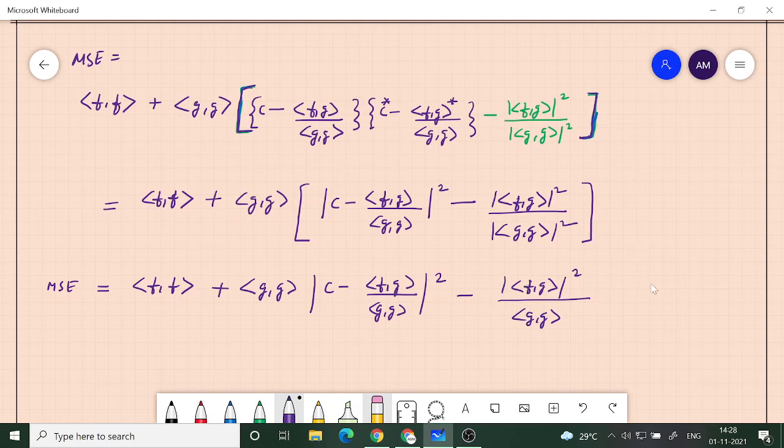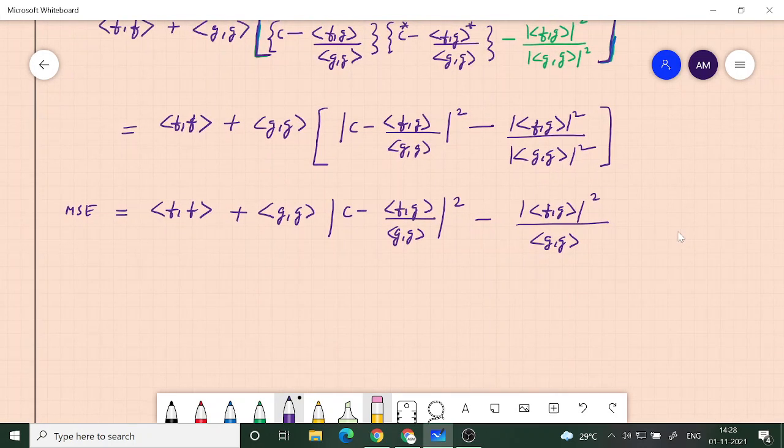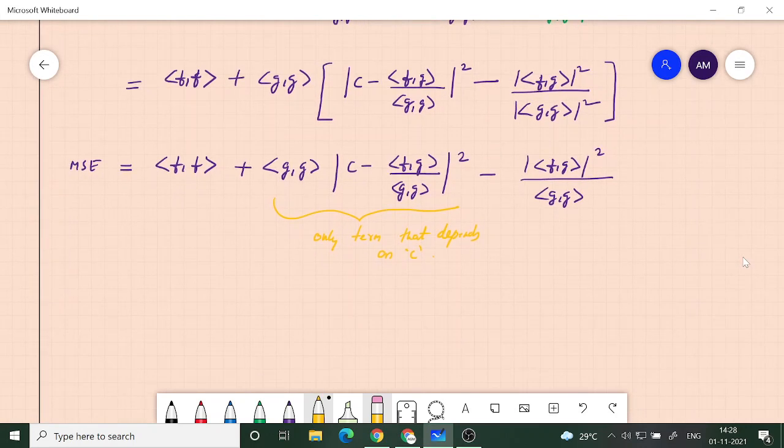I have three terms in the mean square error. Only the second one is the term that depends on the variable C. No matter what C you take, the first and the last term have no effect. So the minimum value of the MSE is actually determined by the second term.